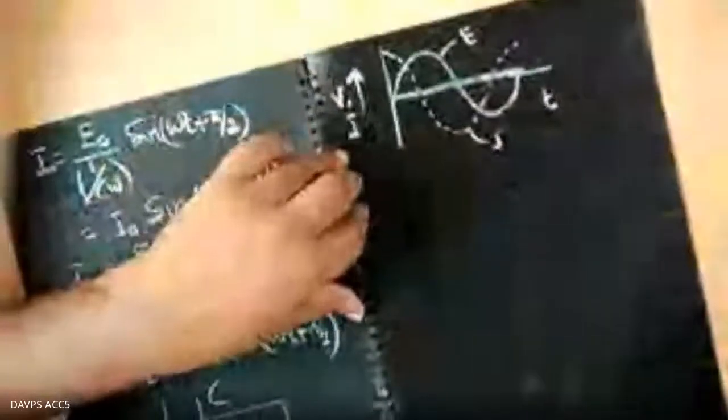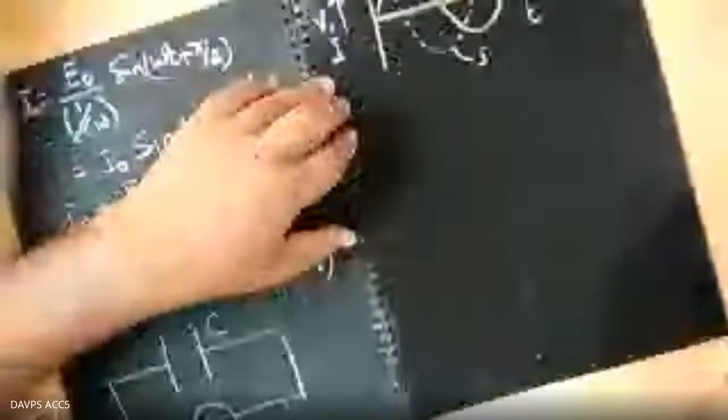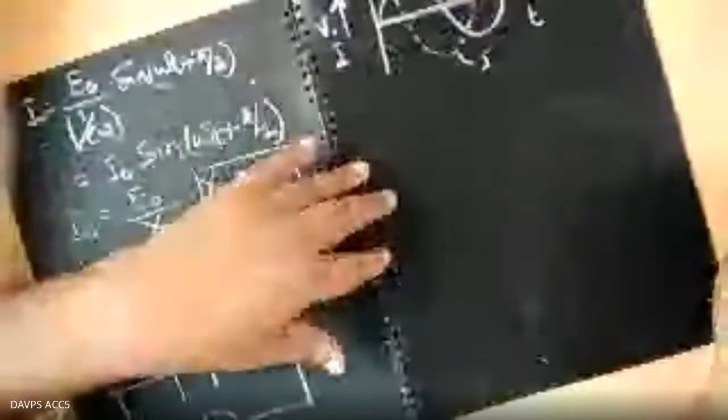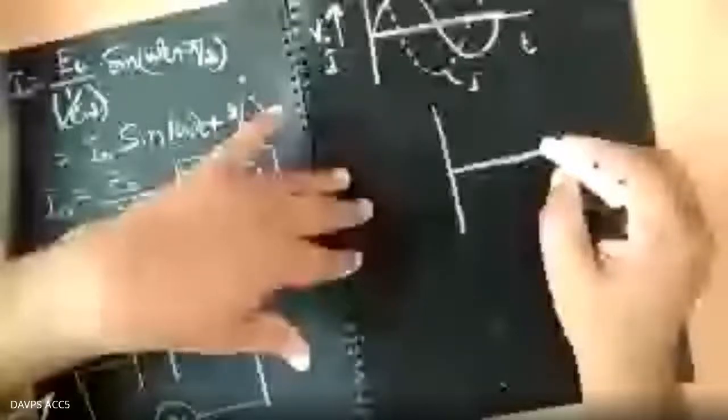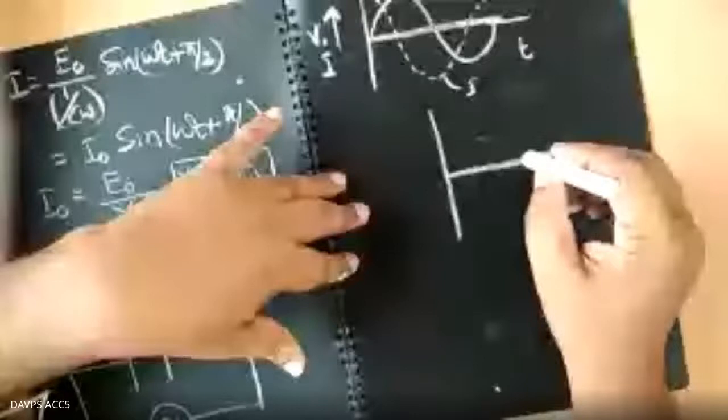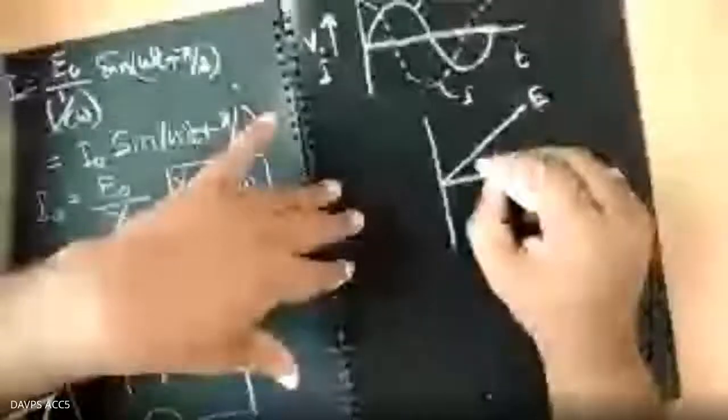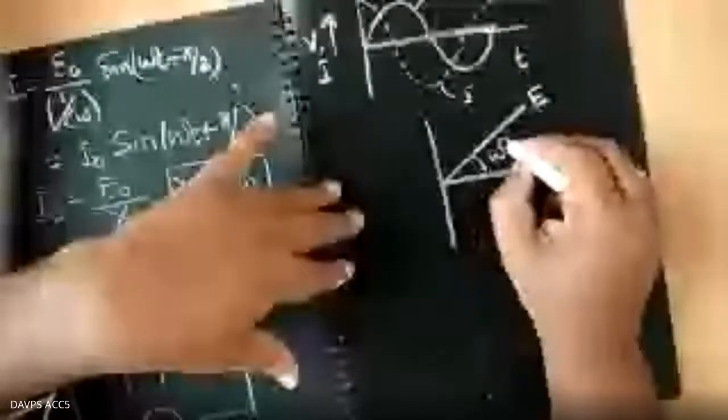Clear? If the question comes that draw the phasor diagram, in which form can we represent it? You have to plot the phasor diagram like that. First of all, we are applying E equal to E naught sine omega t. This is omega t. Adil, do you listen?